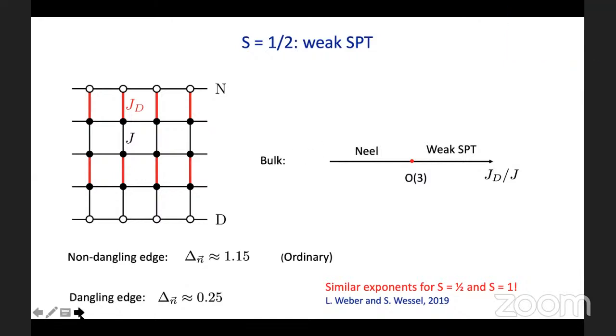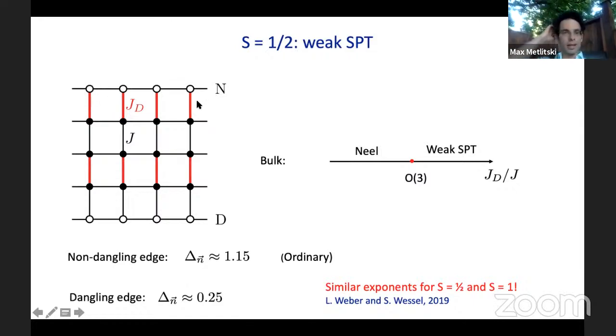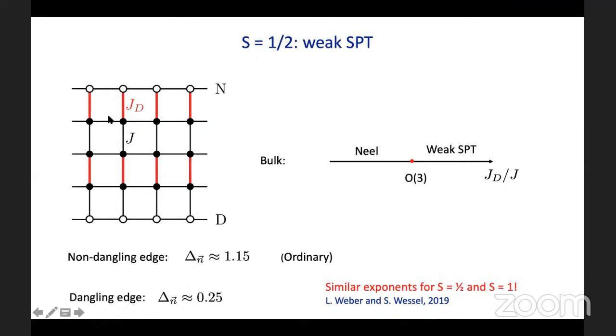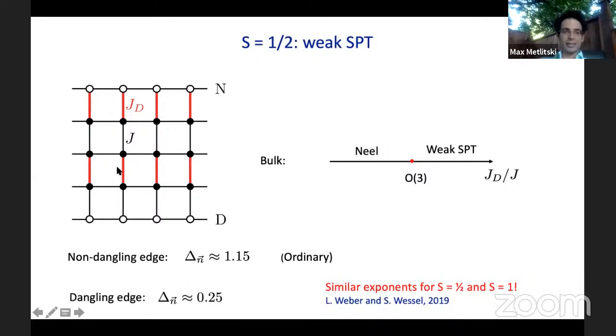And then when you say this dangling edge or non-dangling edge, are these run in one system, or are they actually just two different setups? I just want to make sure when you draw this, just for convenience, you put two types in one system, or actually when we are doing theory, we are always studying a half-infinite system, right? So imagine that for the dangling edge, we have a half-infinite system stretching this way, and for the non-dangling edge, we have the half-infinite system stretching this way.